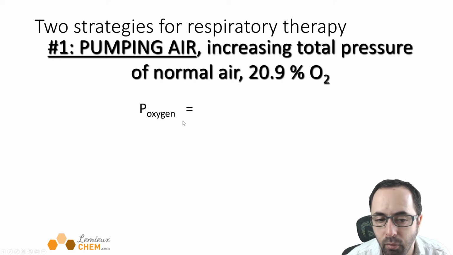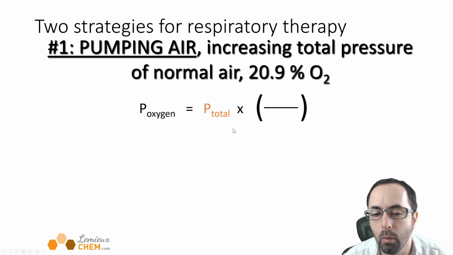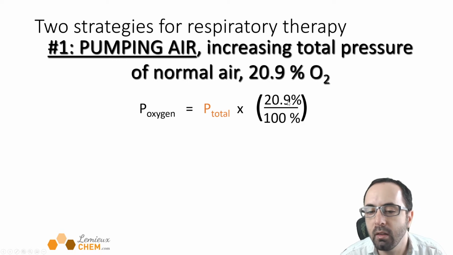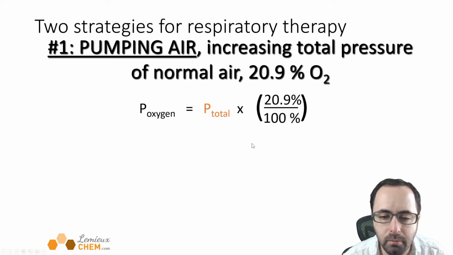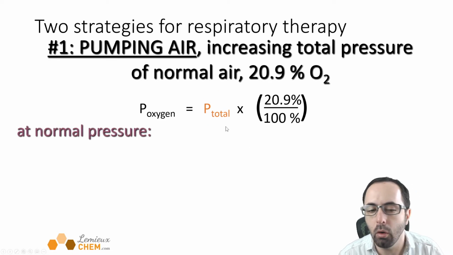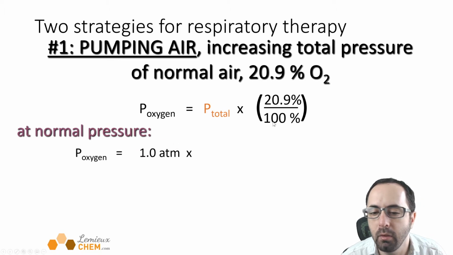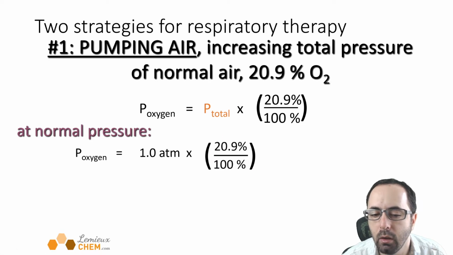So if someone is just normally breathing, the partial pressure of oxygen would be the total pressure, which for normal breathing would be 1 atmosphere, times the percentage of oxygen over 100%. So at normal pressure, the total pressure is just the normal 1 atmosphere or so. And so the partial pressure of oxygen will be 1 atmosphere times 20.9% over 100%.